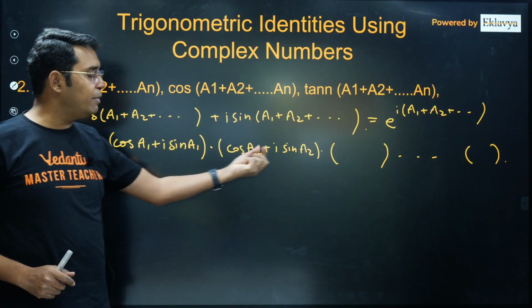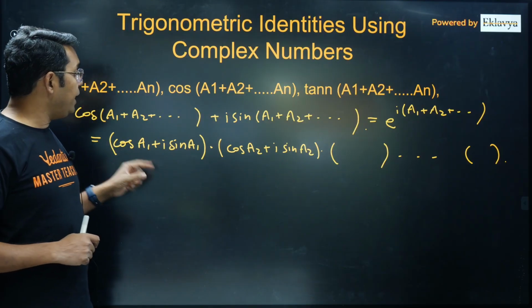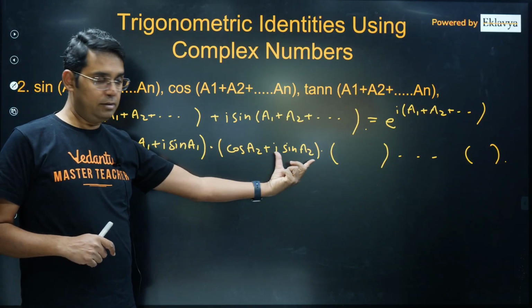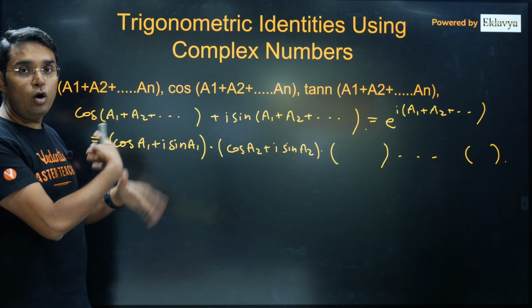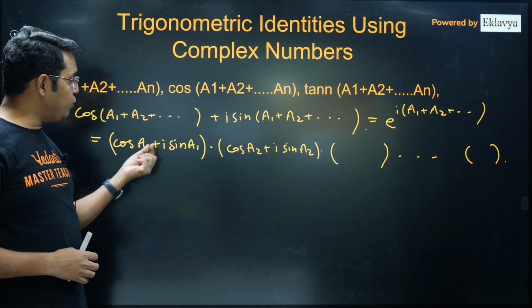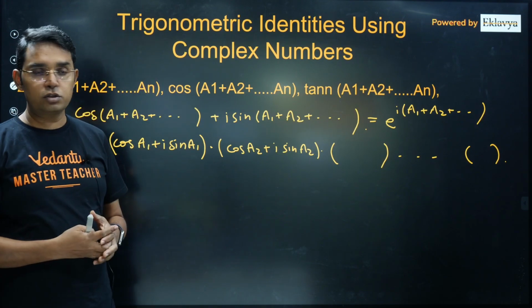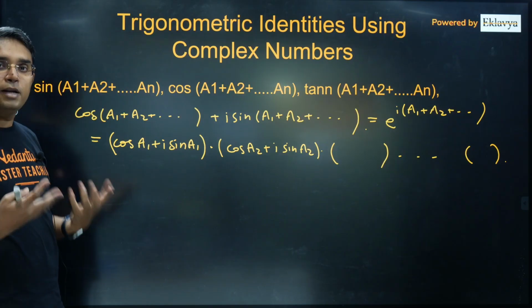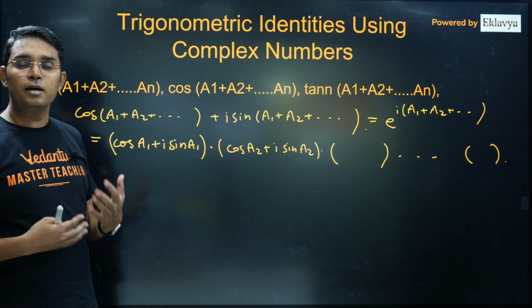When all the cos are multiplied, that will definitely come with the real part. And then if you multiply two sines, then iota into iota will become -1, and all remaining cos are multiplied, then also you get that term in the real part. Similarly, if you multiply 4 terms of sine and the remaining of cos, that also will come into the real part.